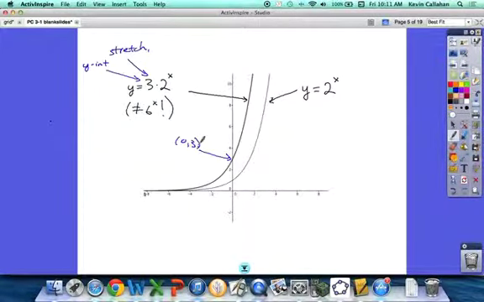Is the asymptote changed? No, the asymptote is still here. Is the domain changed? No. Is the range changed? No. Is it always increasing? All that stuff is the same. So the only thing it does is a stretch, and it definitely changes the y-intercept.